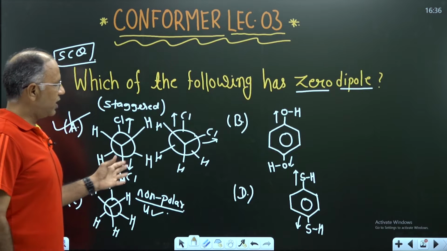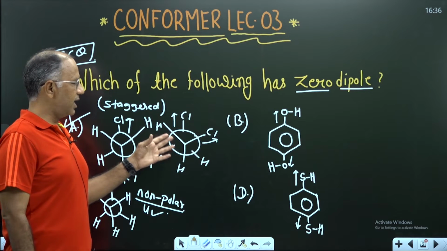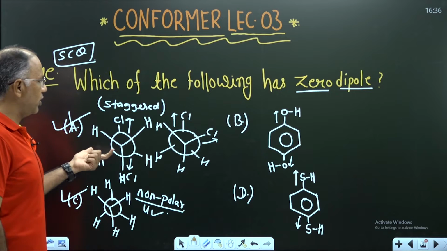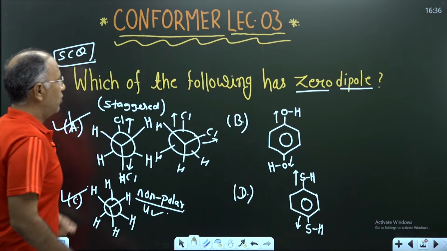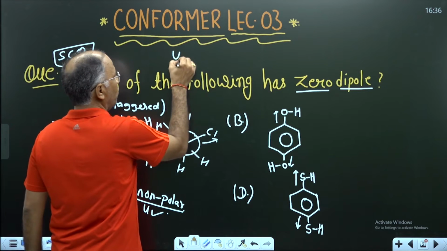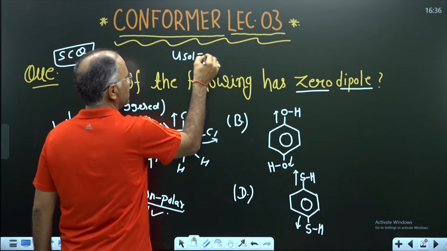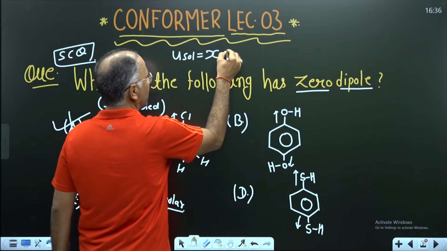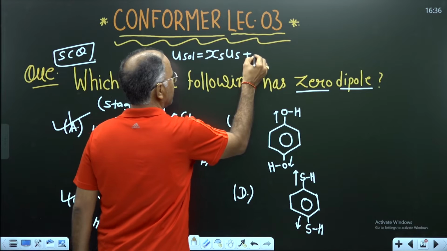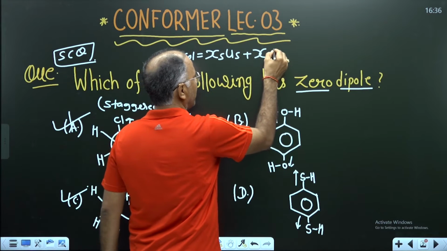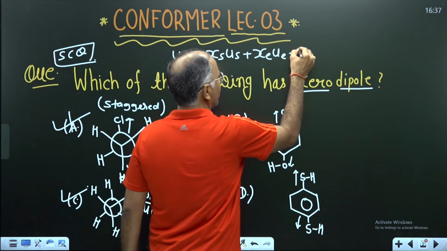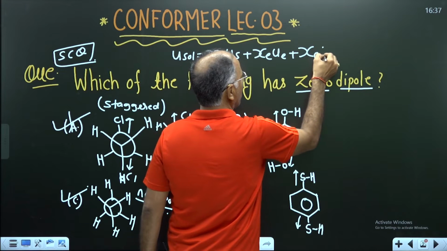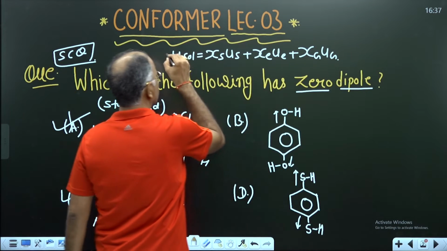Now since one of the conformers of 1,2-dichloroethane has a dipole value, this means the whole molecule has a dipole value. Now you have to use this formula. The overall dipole of this solution is mole fraction of staggered into dipole of staggered, plus mole fraction of eclipse into dipole of eclipse, plus mole fraction of gauche into dipole of gauche.